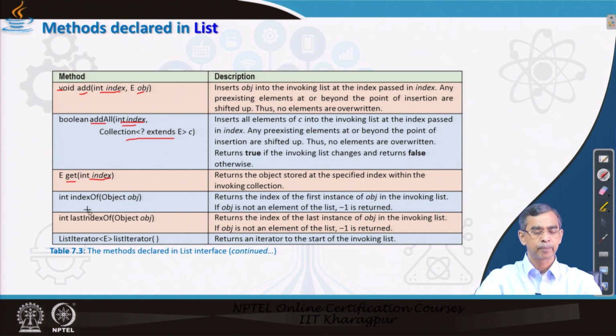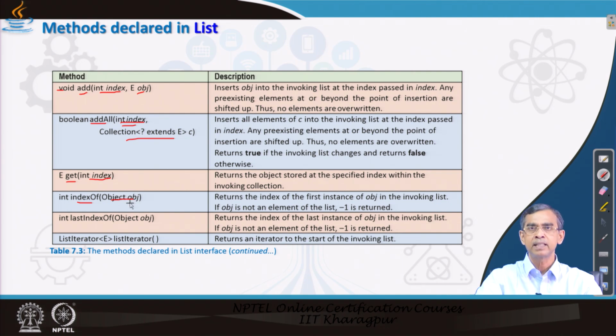Index of takes an object. That means if you pass an object as an input, it will check the list, and it gives the location where that object or element is present.